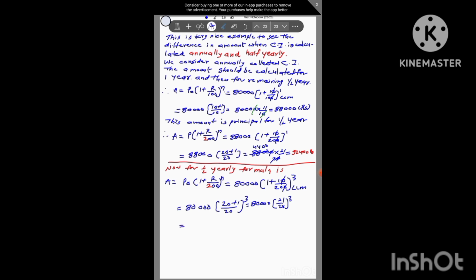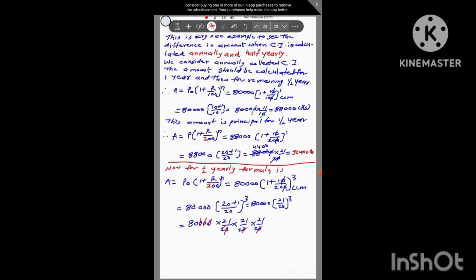Half yearly means 3 half years, since 1.5 years is 3 half years. So unlike the previous example, we are taking 3 directly. This is thrice, meaning 21 upon 20 into 21 upon 20 into 21 upon 20.